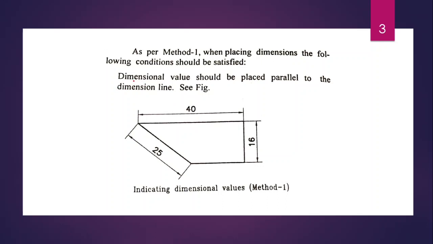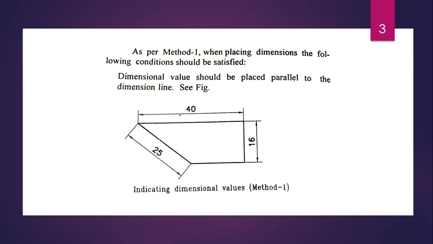First of all, the first point is that the dimensional value should be placed parallel to the dimension line. In all these dimensionings, we can see that the dimensional values are always parallel to the dimension line.